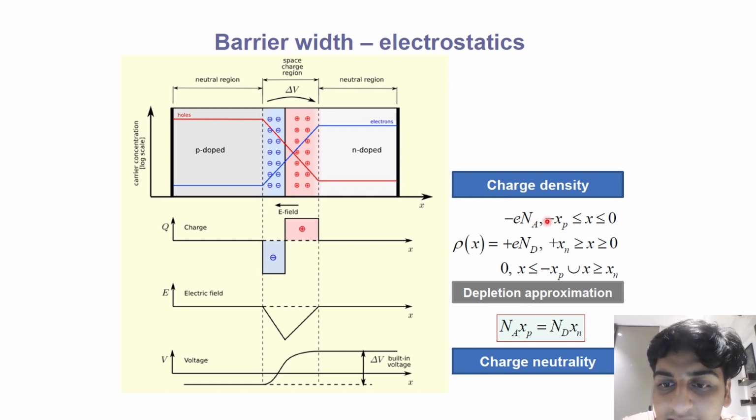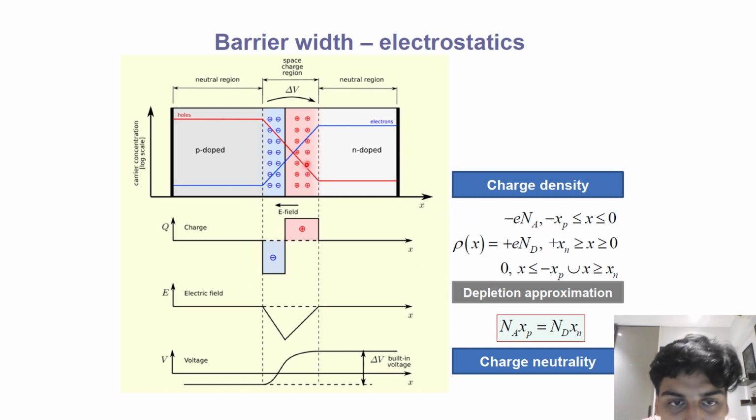And that charge density is nothing but minus e times the density of the acceptor ions. So you have this minus e Na as the charge density here. This diagram, by the way, is of charge density. It's shown like this.